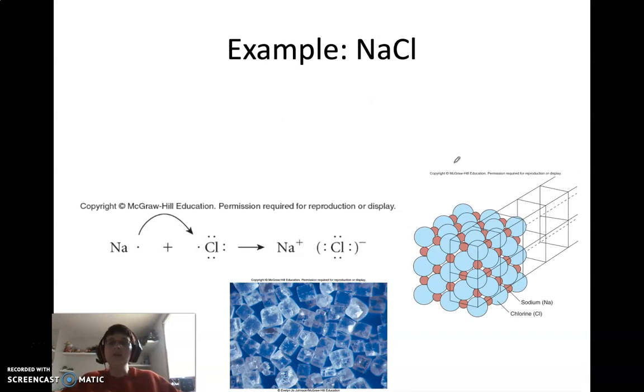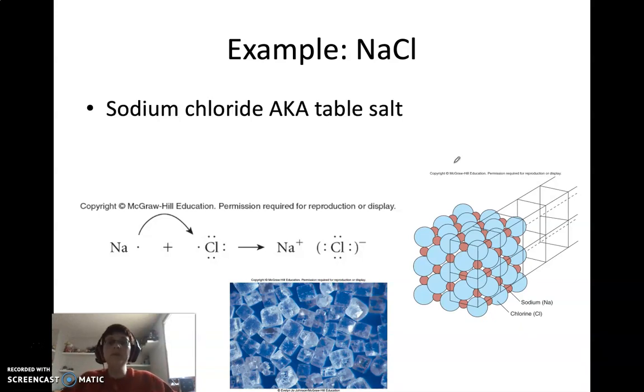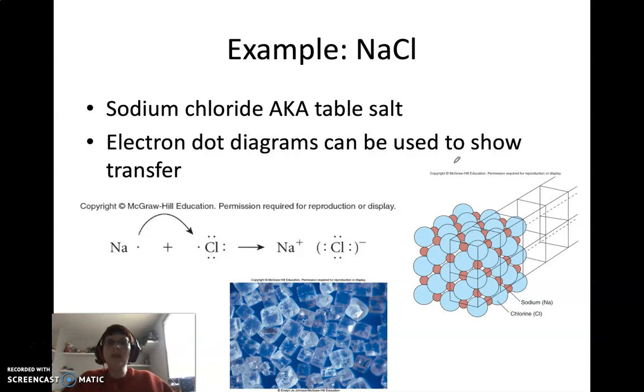So we take a look at one of these. The best example of an ionic bond is salt, sodium chloride. We know it as table salt. We saw these electron diagrams at the end of chapter 8, so we can use these to show electron transfer.